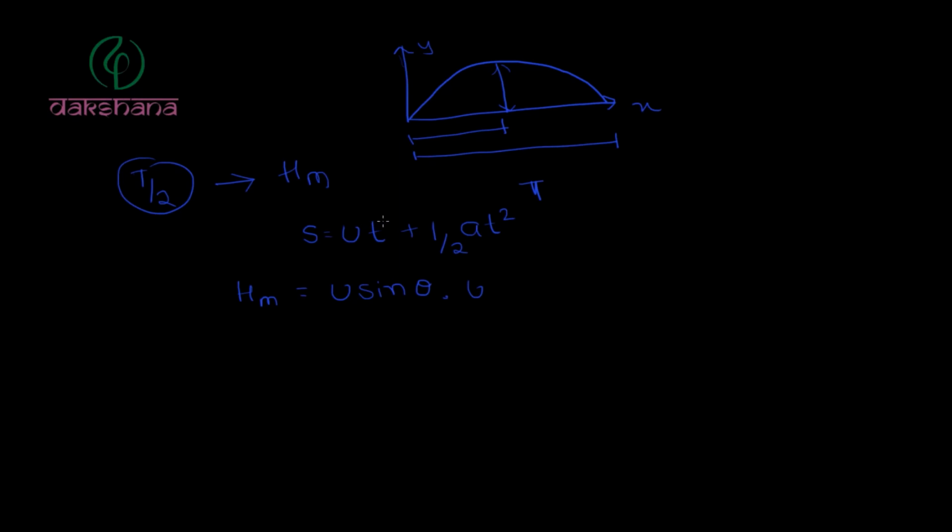So it will be u sin theta into u sin theta by g minus half g into t square, t by 2 whole square, that is u square sin square theta by g square.